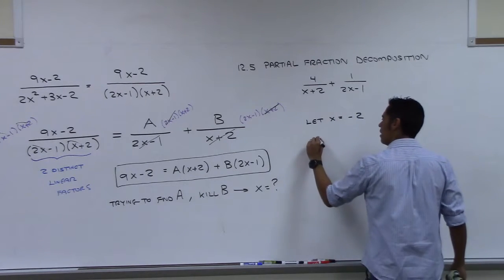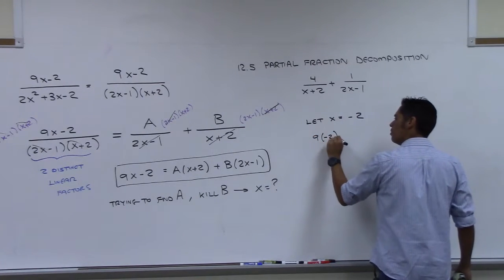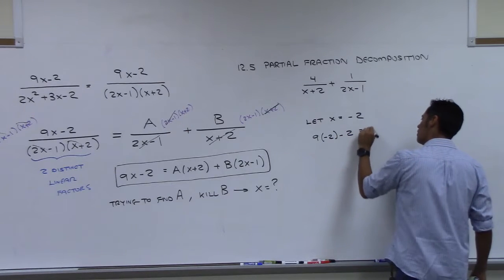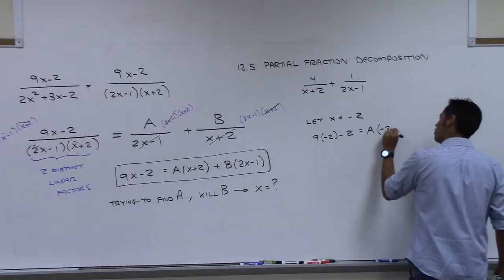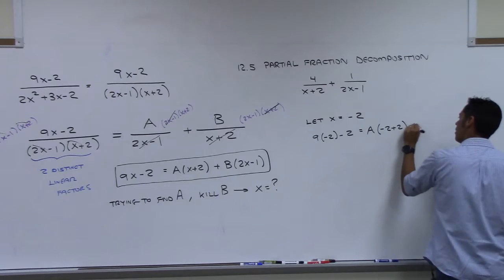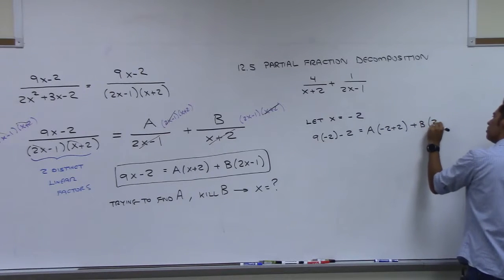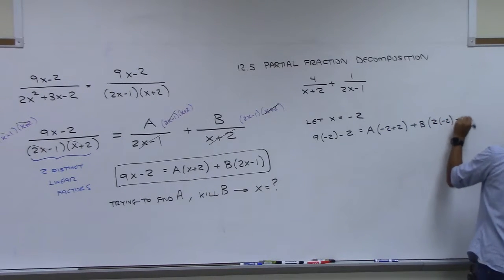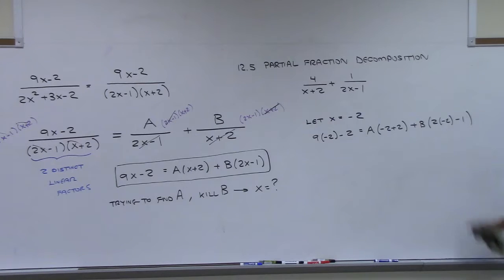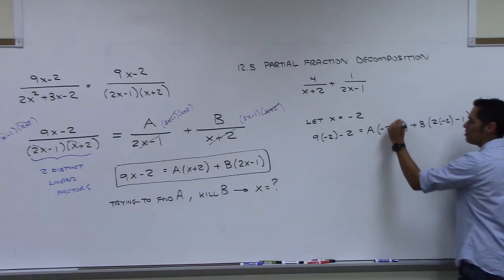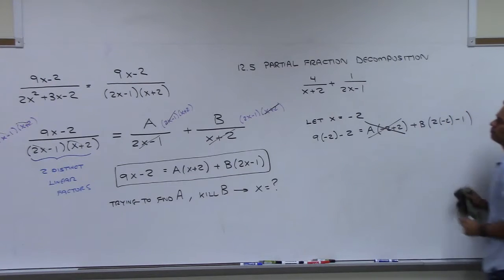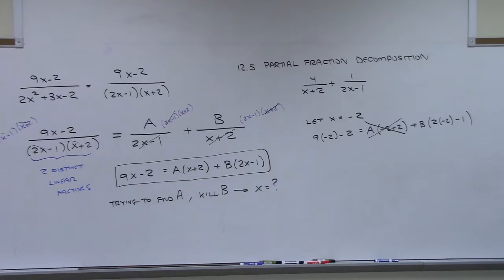So we get 9 times -2 minus 2 equals a, then -2 plus 2, then plus b, and then 2 times -2 minus 1. Just be careful. I mean, you have to replace everything with -2 there. That should kill this a term completely off.